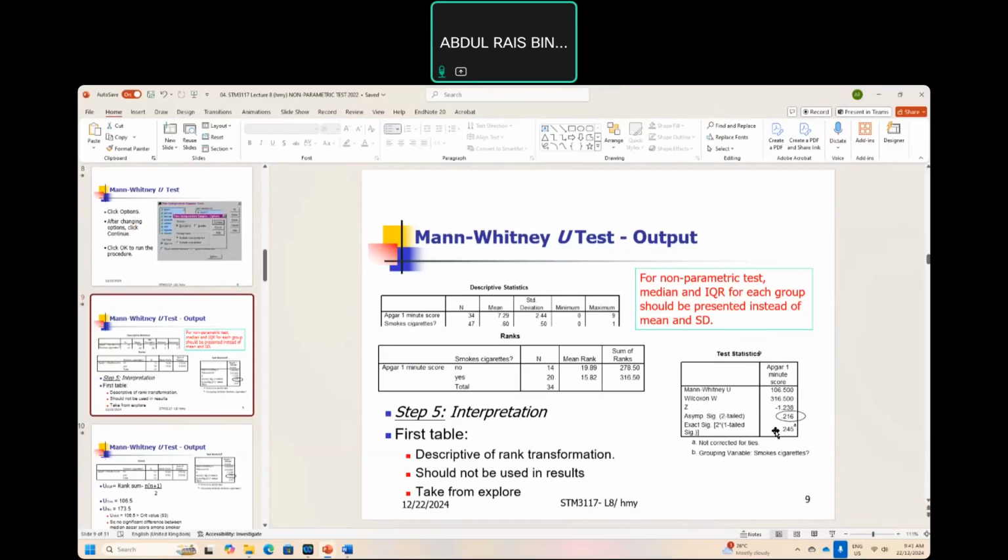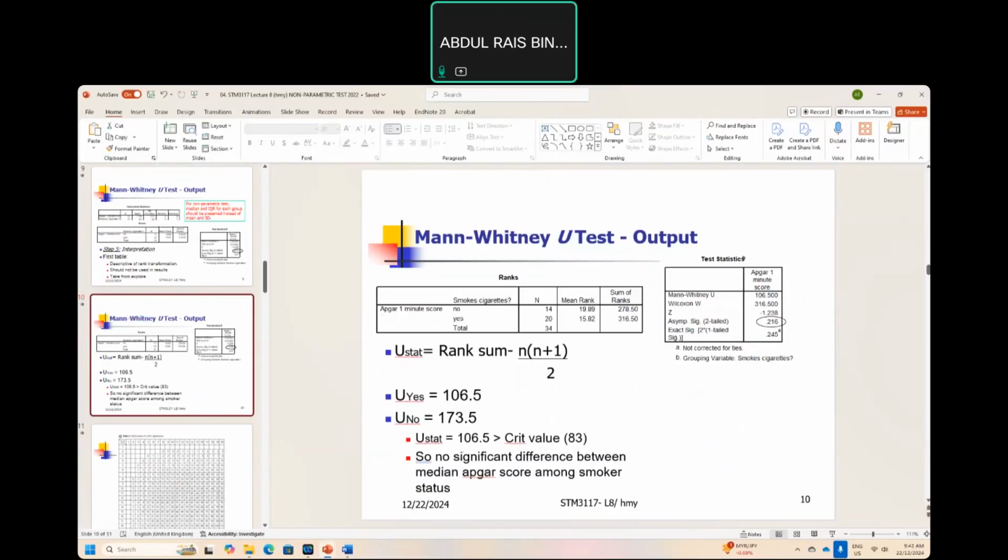Okay. Alright. Now, how do we come to the conclusion of the assumption of the two-tail p-value? This is how it works.